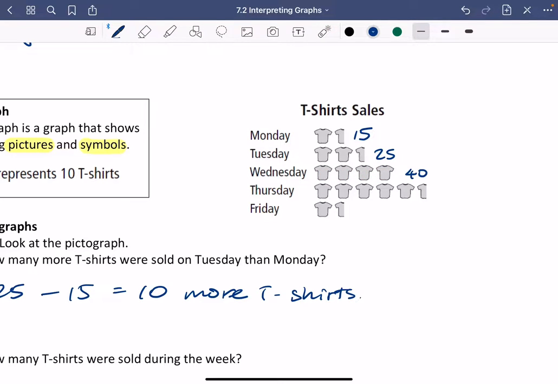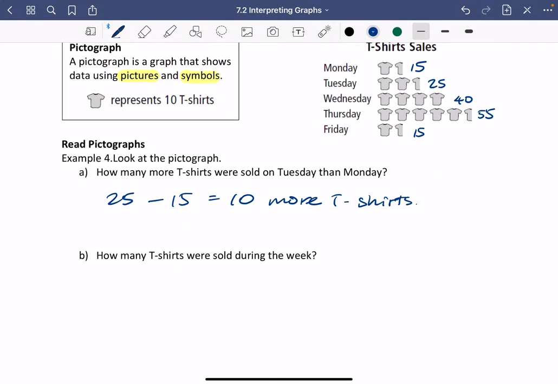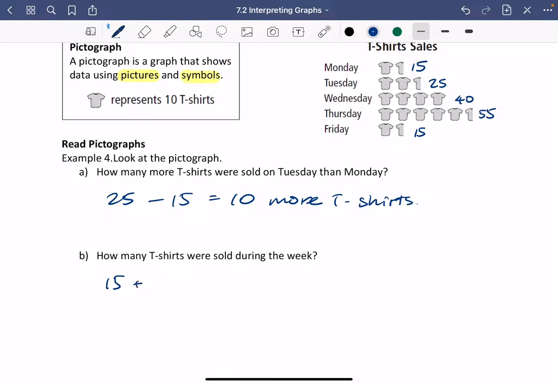And then 10, 20, 30, 40, 50, and a half, 55. And 10 plus 5, 15. So in total, we'll just add them together: 15 plus 25 plus 40 plus 55 plus 15. So in total, we'll have 150 t-shirts.